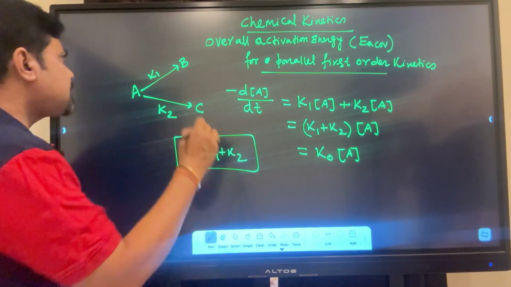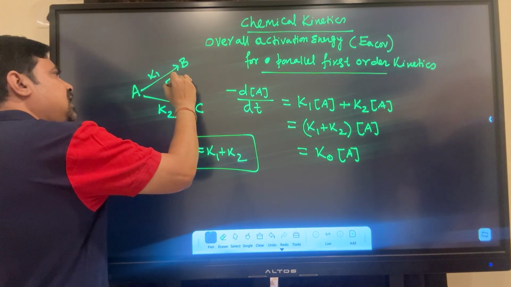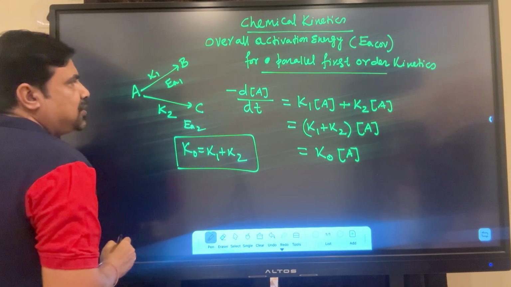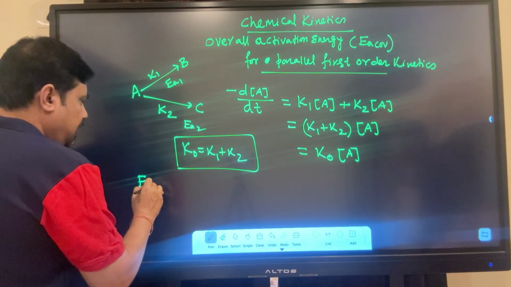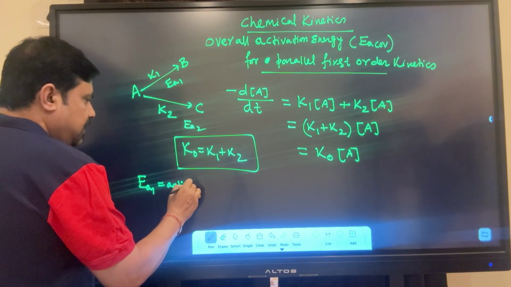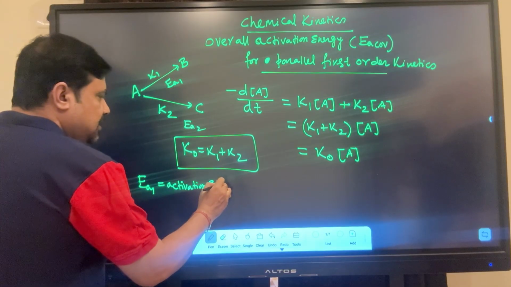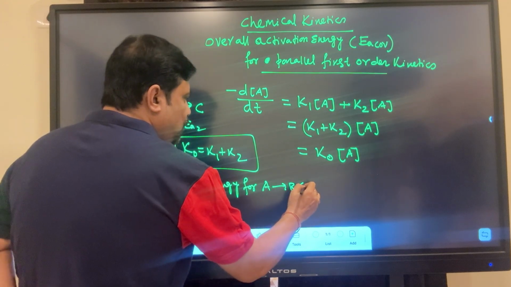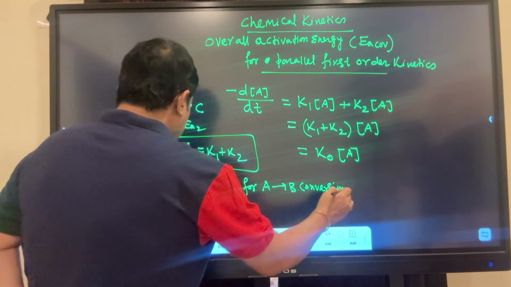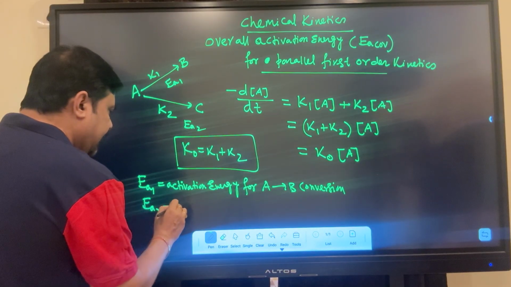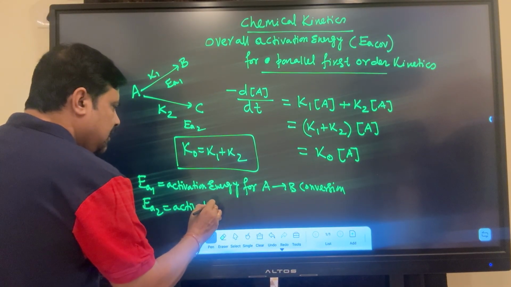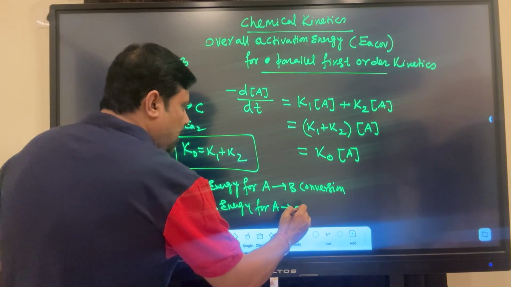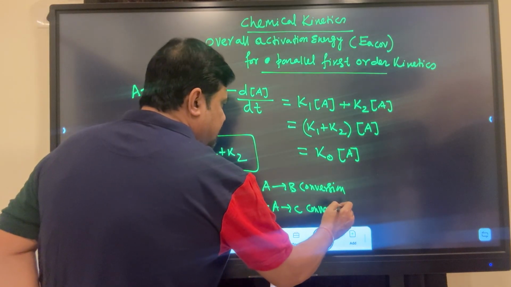Suppose A to B conversion has rate constant K1 and activation energy EA1, and in the other direction, with rate constant K2, the activation energy is EA2. That means EA1 is the activation energy for A to B conversion, whereas EA2 is the activation energy for A to C conversion, because both reactions are happening parallelly.